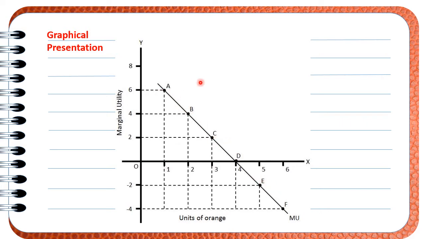Earlier also we have seen that as we consume more and more units of a commodity, marginal utility is falling down. In the graph also we can say that the marginal utility is falling down. It becomes zero, then it becomes negative. And in the previous video we have seen when the marginal utility is zero, total utility is at its maximum height, that is the point of saturation.